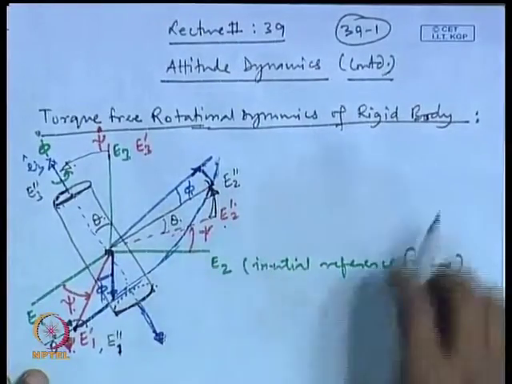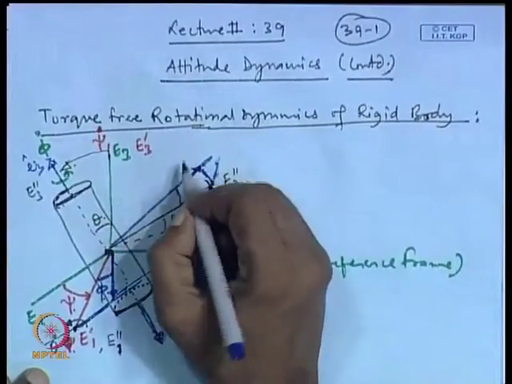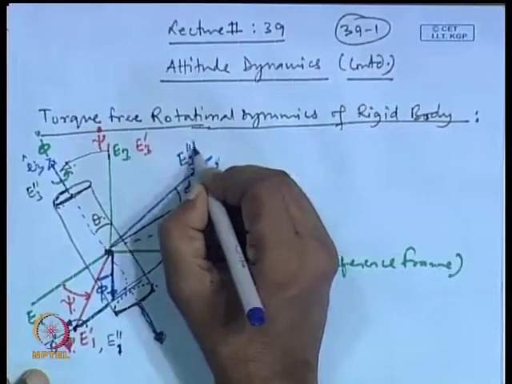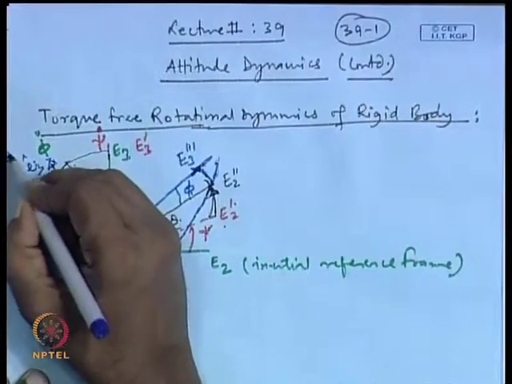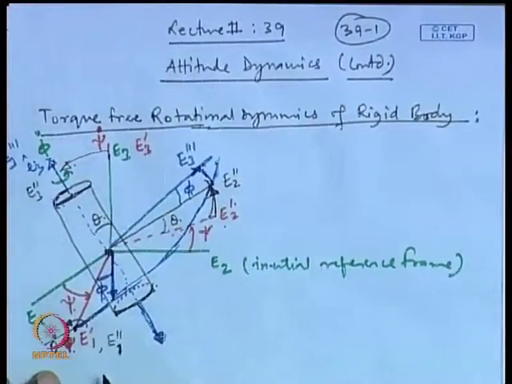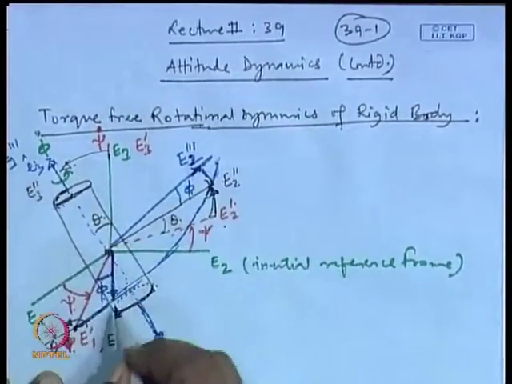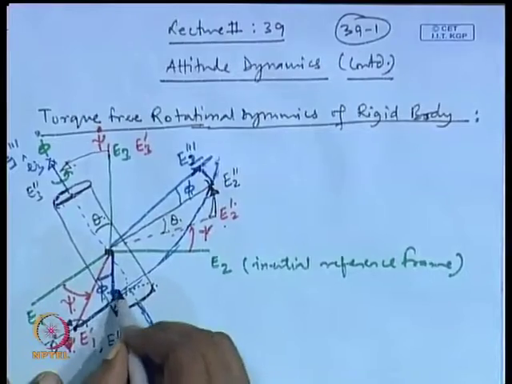The final values are here, with the notations E1 triple prime, E2 triple prime and E3 triple prime.